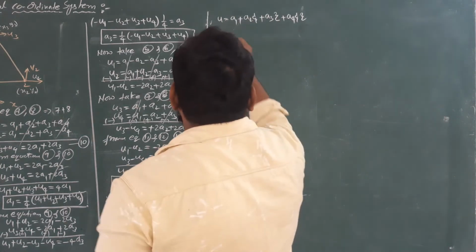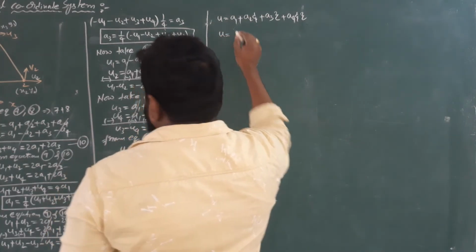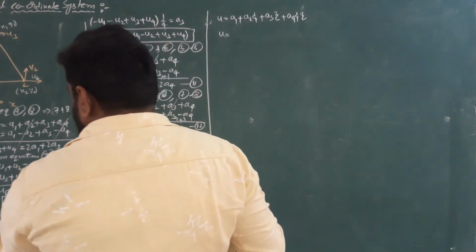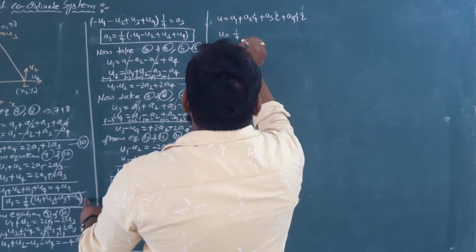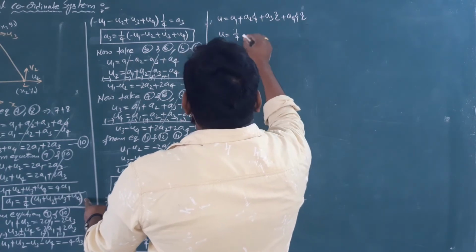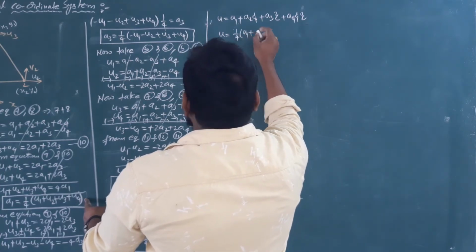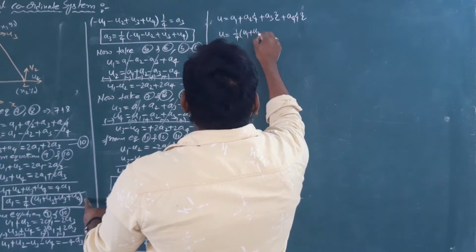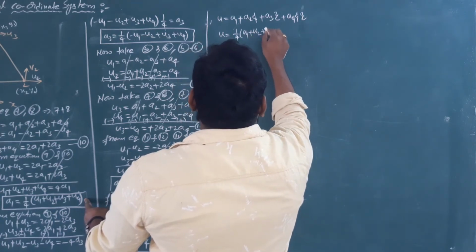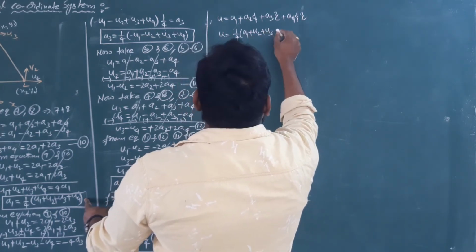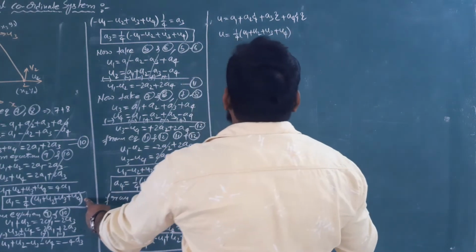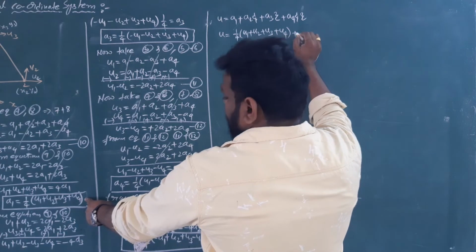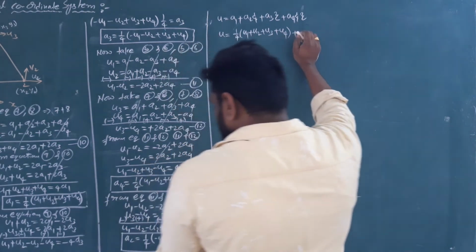Now substitute. So u is equal to a1, we know that. Here we got the a1 value, that is 1 by 4 of u1 plus u2 plus u3 plus u4. Now plus the a2 value we got here.